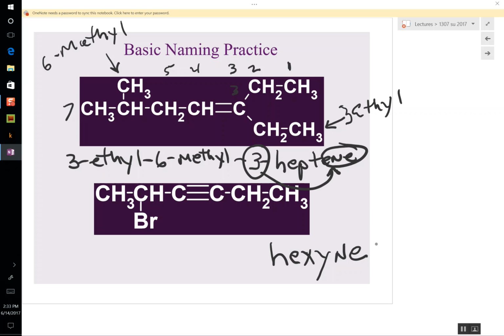But down here, since it's 3, whether I go from here to there, or from here to there, I'm going to call that number 1, 2, 3, because that's going to give that a lower number. Okay? So there is a real carbon number 1 here, and that's it. And that's 2, and that's 3, and that's 4, 5, and 6.